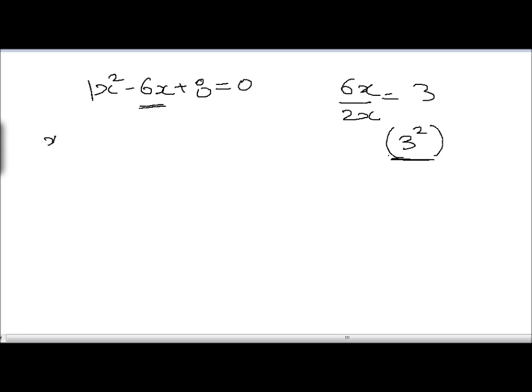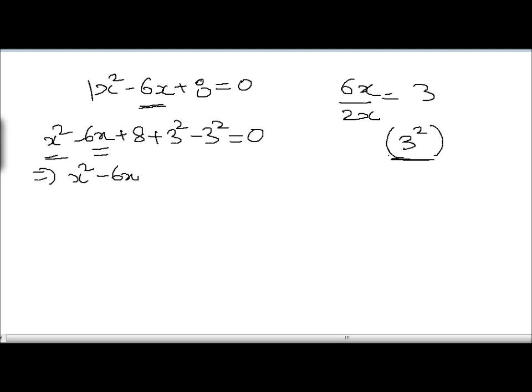So we get x squared minus 6x plus 8 plus 3 squared minus 3 squared is equal to 0. Now I just shuffle some terms, and the very first two terms remain at the original position, and I can bring this term along with minus 6x, and I can write the rest of the terms as it is.